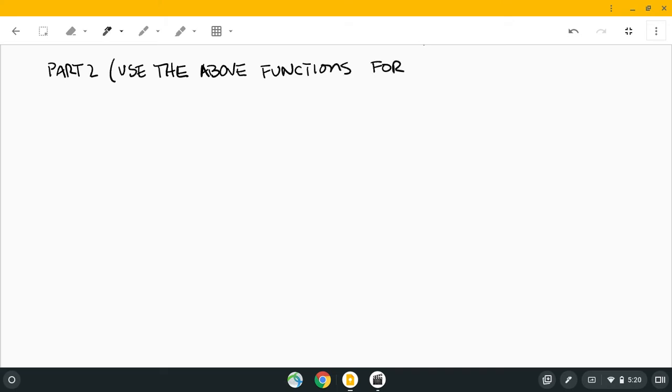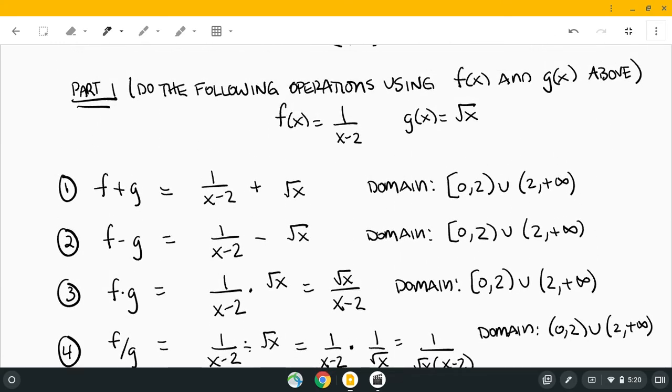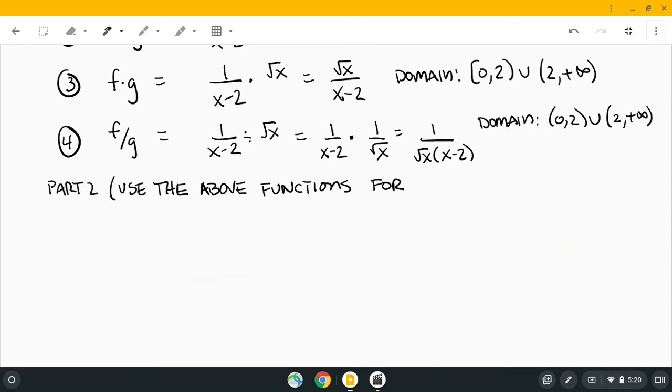Part 2, we are going to, again, use the above functions for f and g. So these guys again.